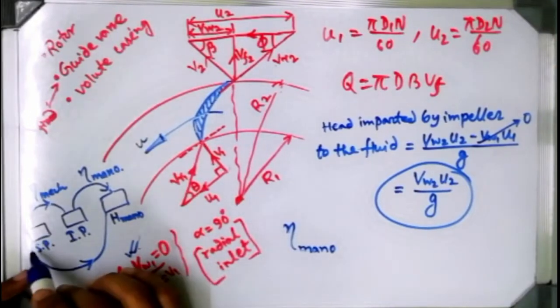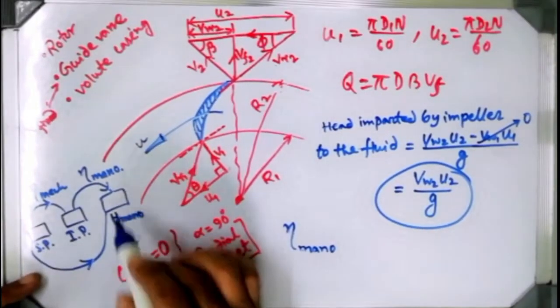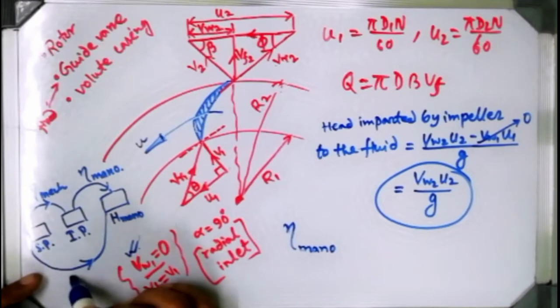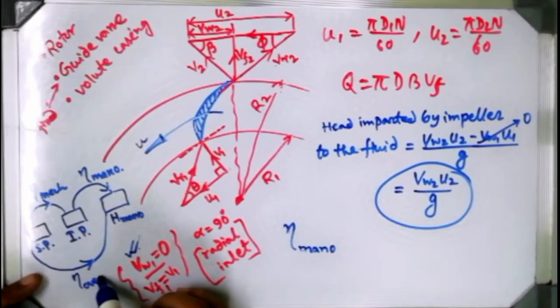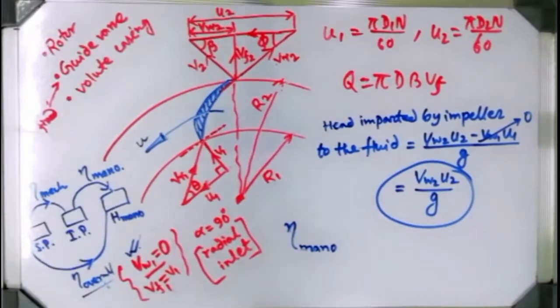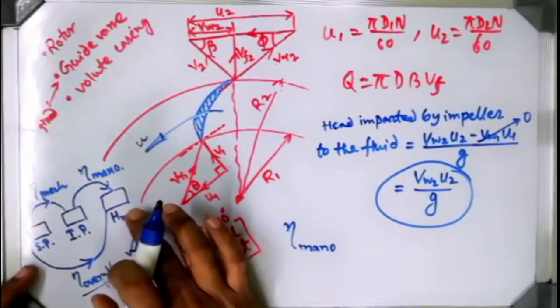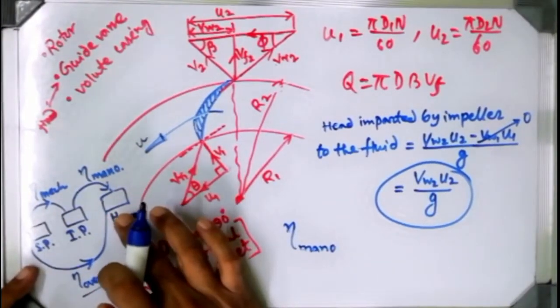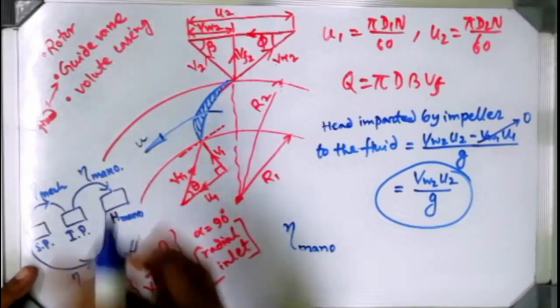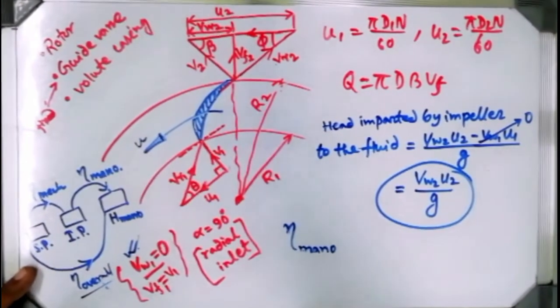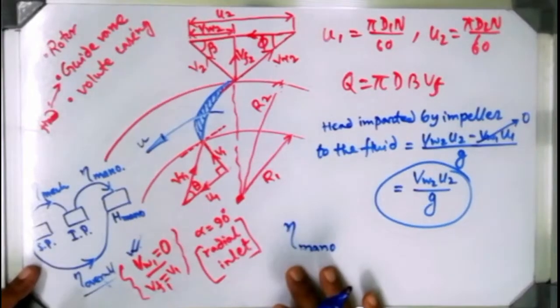And from shaft power to manometric head, you get eta overall. I made this kind of block diagram for the turbine also. It is not a part of any book; I made this simplified version so it will be stored in your memory very clearly. Now go with eta mano.